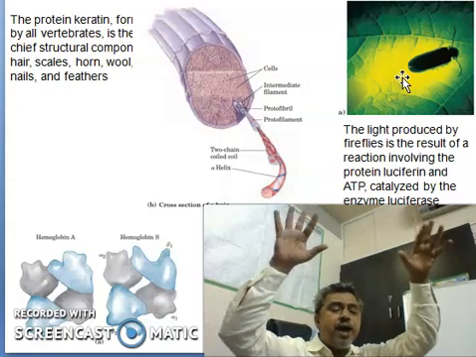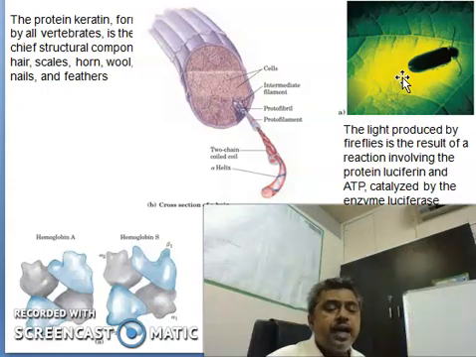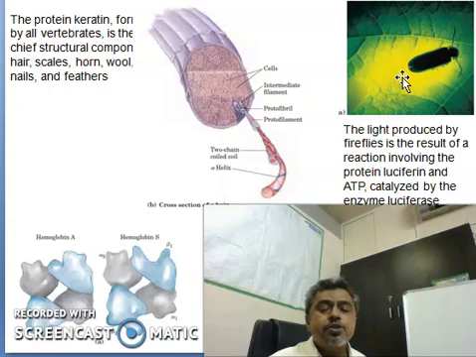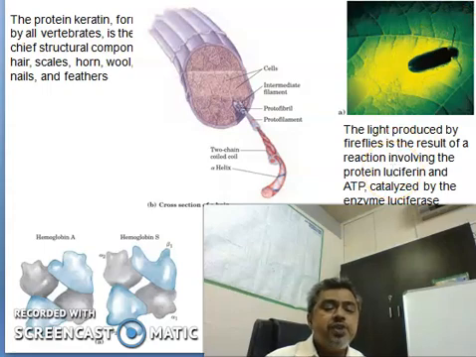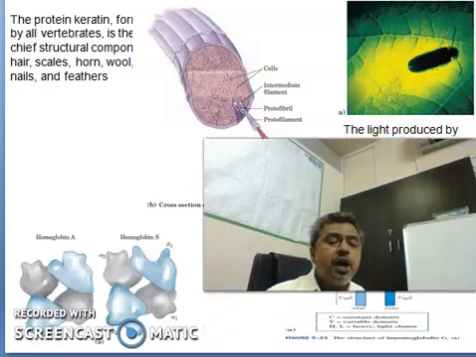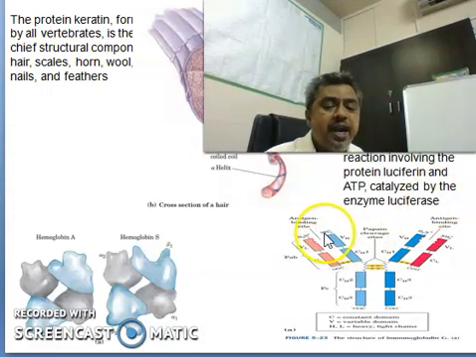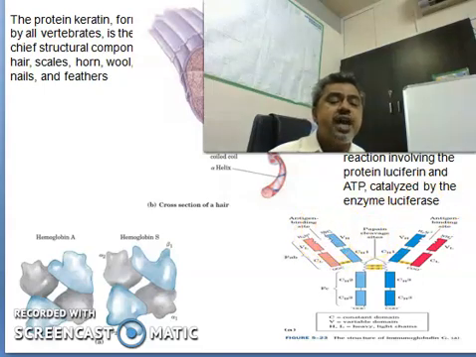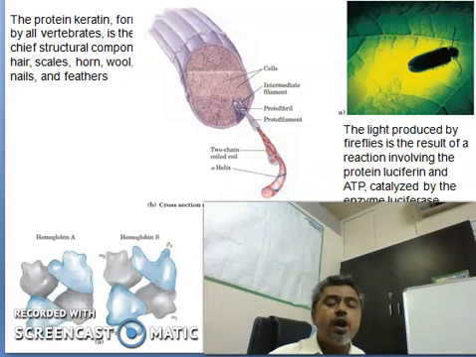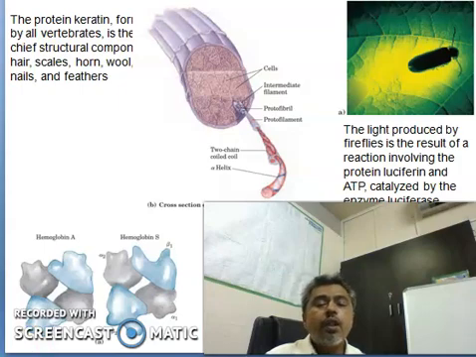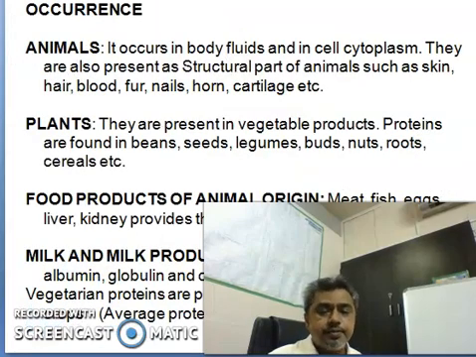Luciferase is the enzyme, ATP-catalyzed. Then hemoglobin, which you know very well. In another slide you will find antigens and antibodies, IgG and IgM. This is all about functions and locations.